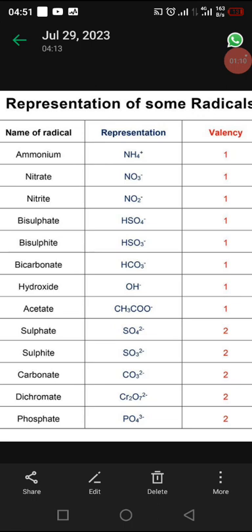Mostly this happens with polyatomic reactions, which involve polyatomic atoms and also the transition metals or heavy metals or d-block metals to form one compound. There's also an involvement of other elements that appear on the periodic table, and also those which do not appear on the periodic table, or in simple terms, those radicals.